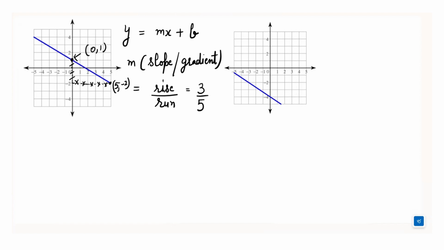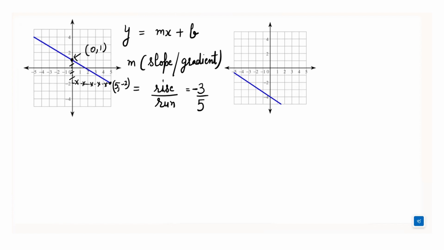Now the second thing we need to take care of is to see if the values are decreasing. You can see the values are decreasing for both x as well as y. In that case, we have to write a negative sign along with the value of m, because the values are decreasing.